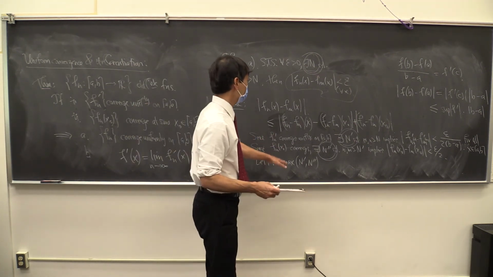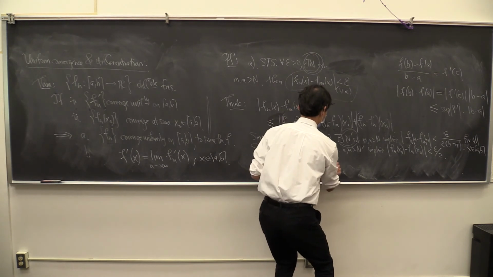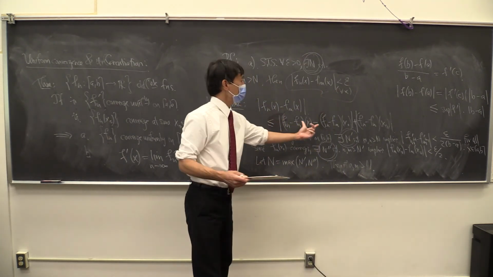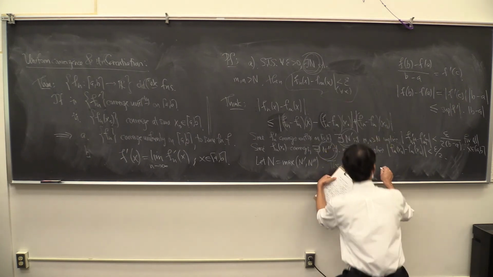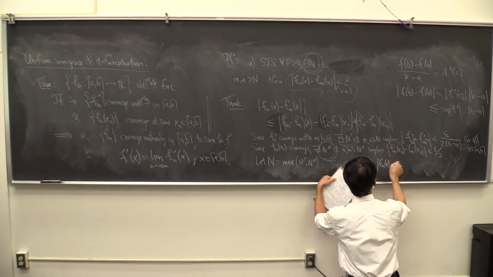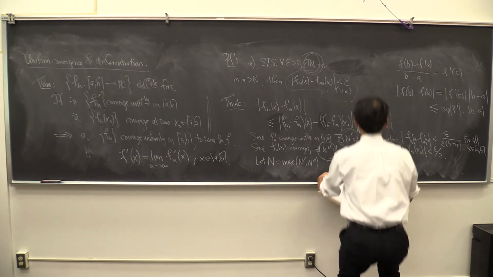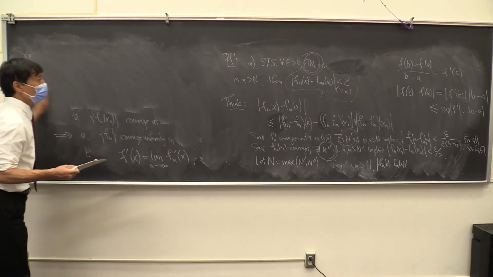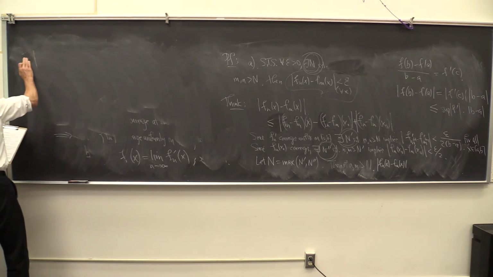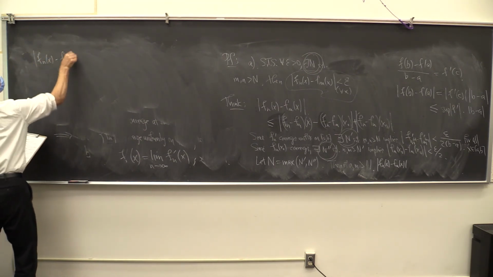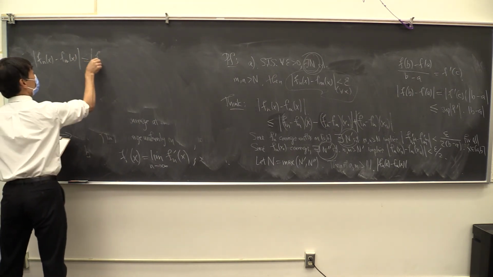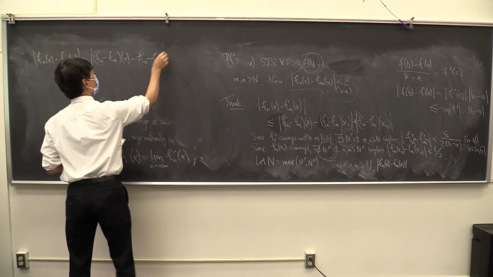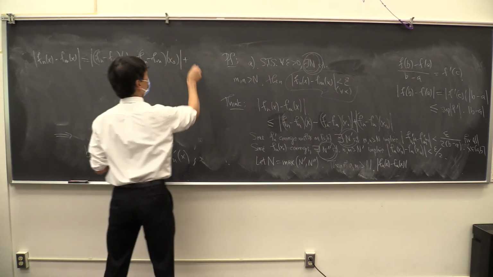Okay, in that case, if n and m exceed this thing, we get fn(x) minus fm(x) is less than this thing plus this other thing.